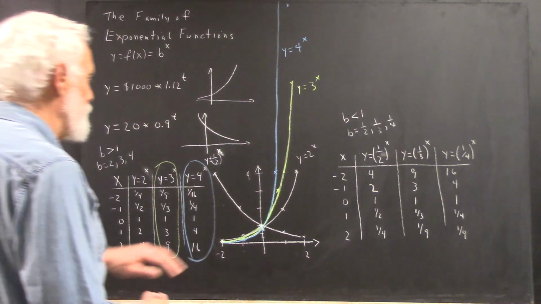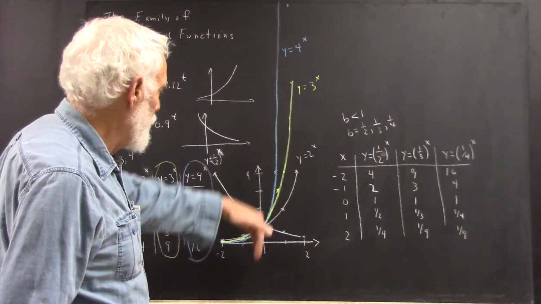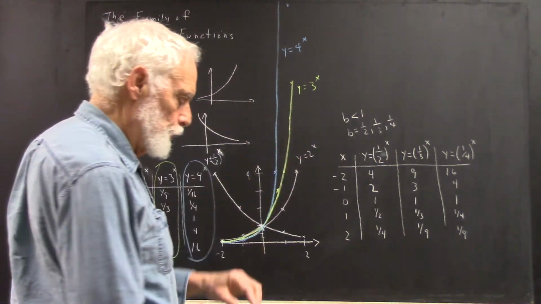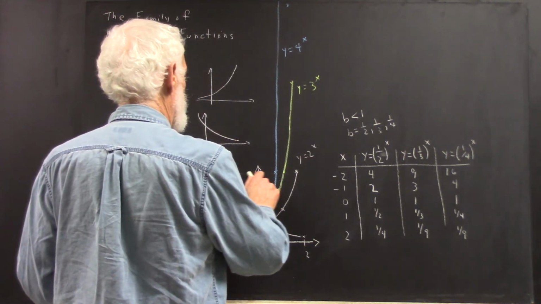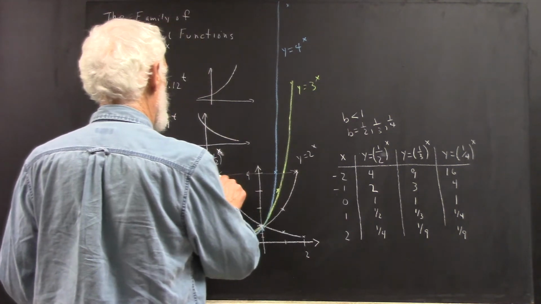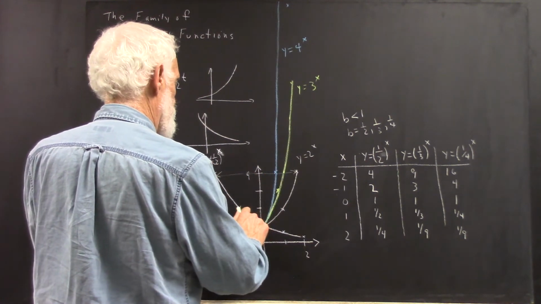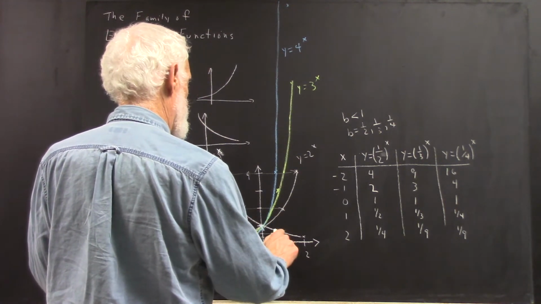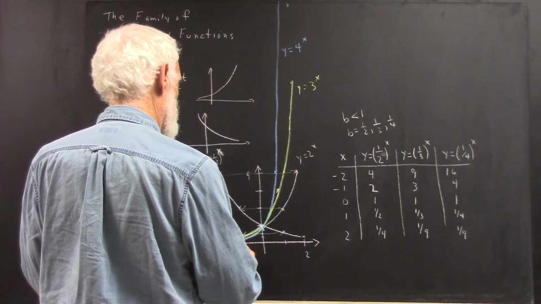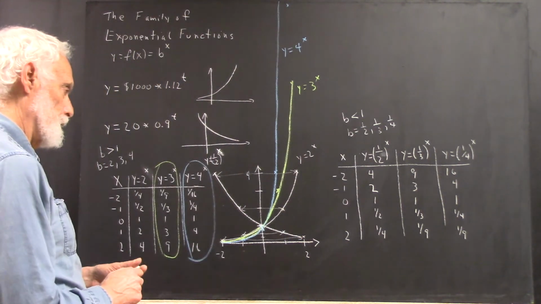And we notice that y equals 1/2 to the x is just a reflection through the y-axis of y equals 2 to the x. In other words, each of these points is a reflection of the other.